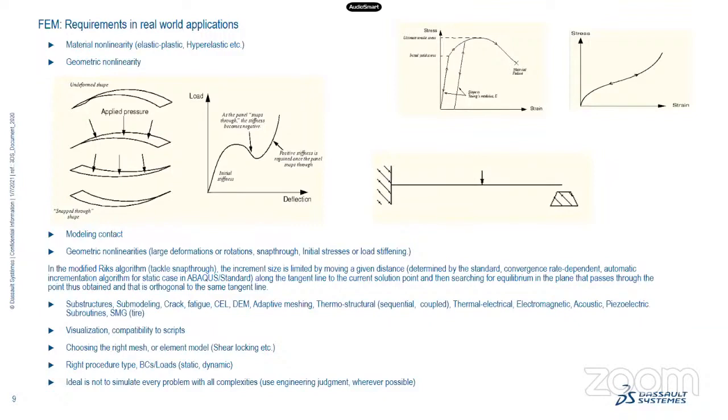From the global analysis, we take some representative nodes which can be used for the submodel analysis. So we don't need the whole global model for the submodel analysis, and you can do the refined analysis. So that's about submodeling. And then crack.